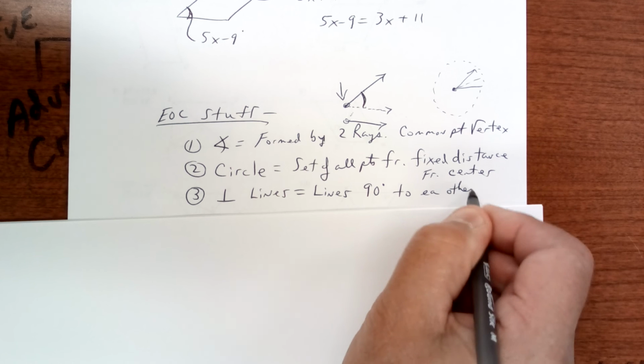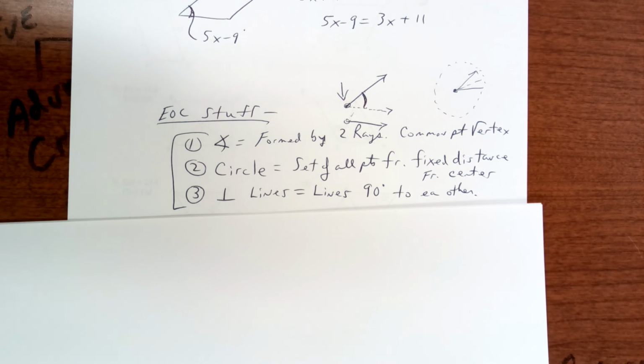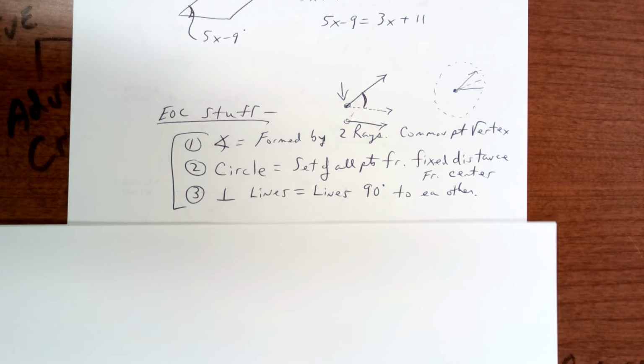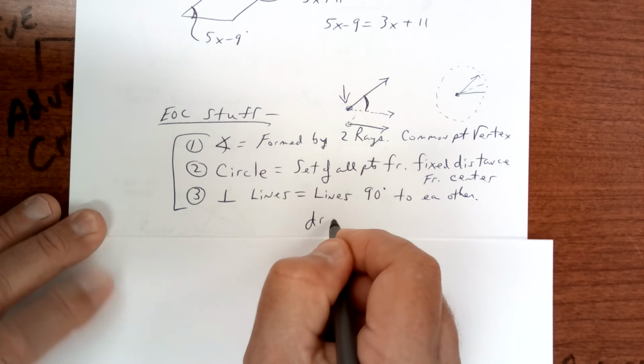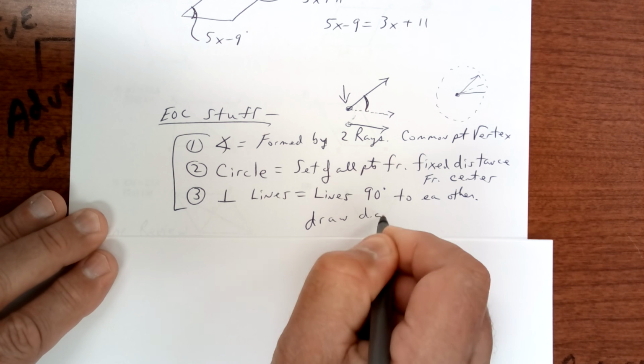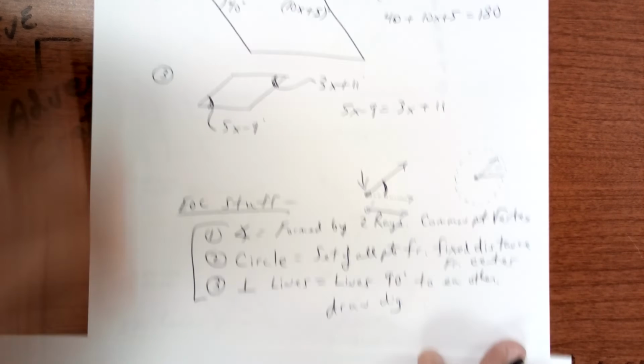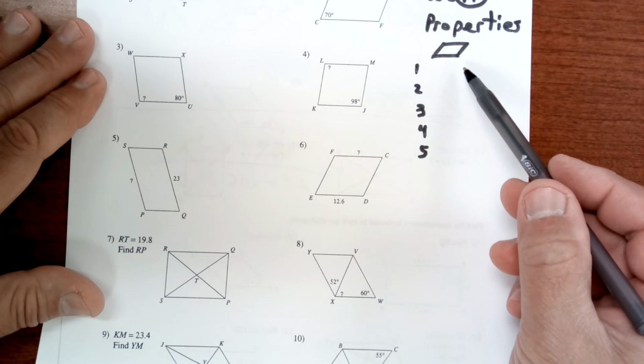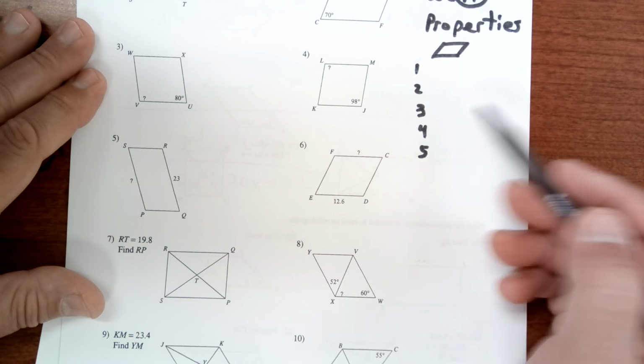Okay, so copy these down, and you need to write these on your worksheet today. The more you write them down, the more you remember them. And what I'd like you to do also is to draw the diagrams. So if you look at today's worksheet right here for geometry, I want the properties OOODC and then write them down, a little parallelogram.